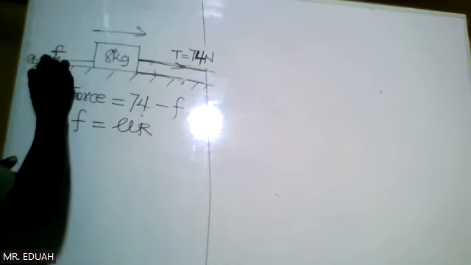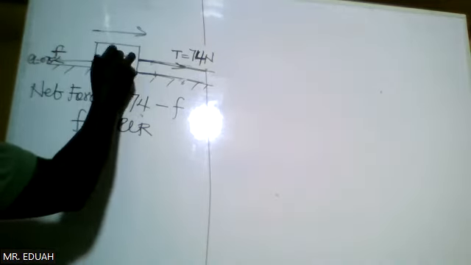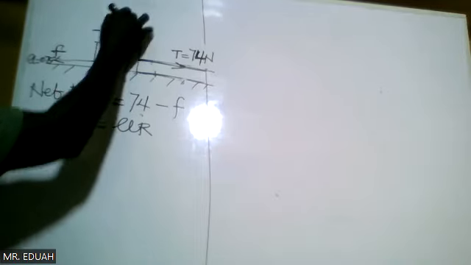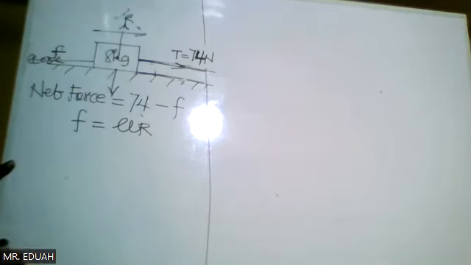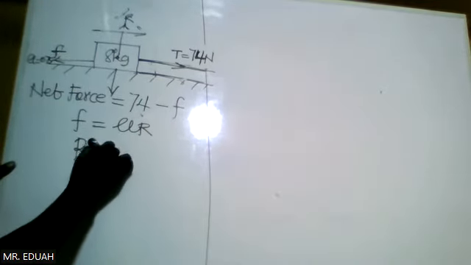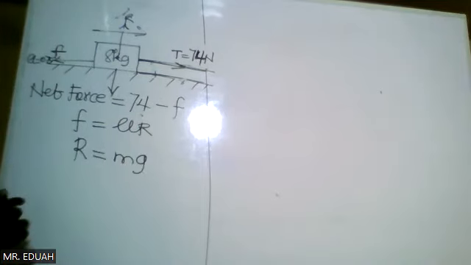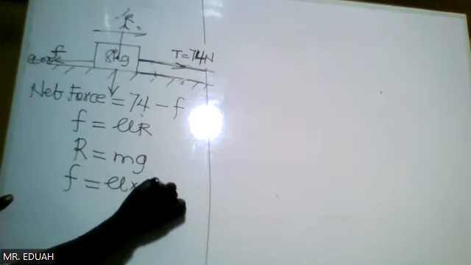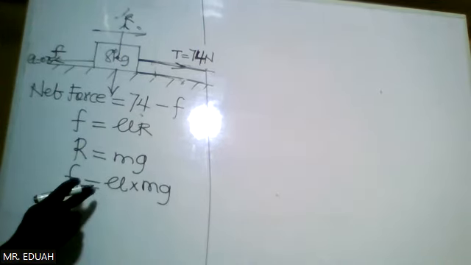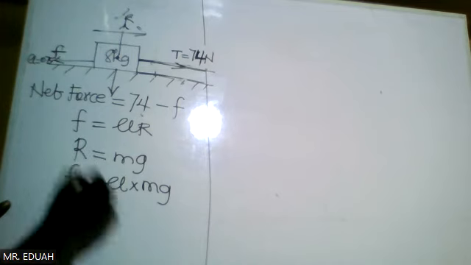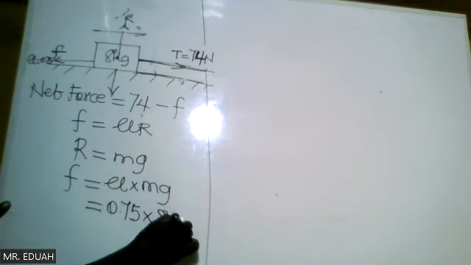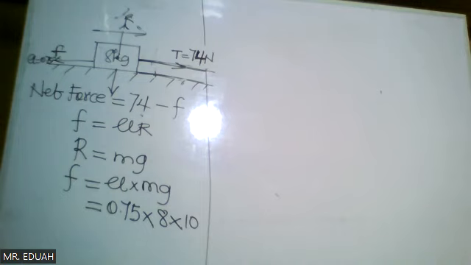Now, once the body glides horizontally on the surface, it means that the reaction force R is balanced by mg. So R is equal to mg. Therefore, F is equal to mu times mg. Let's find F. The coefficient of friction is 0.75 times the mass, which is 8, times our gravity constant 10.